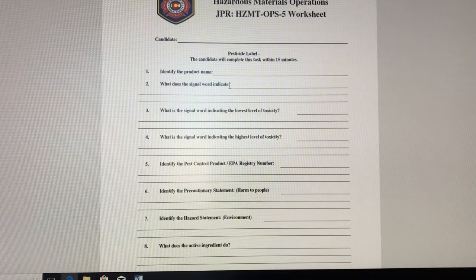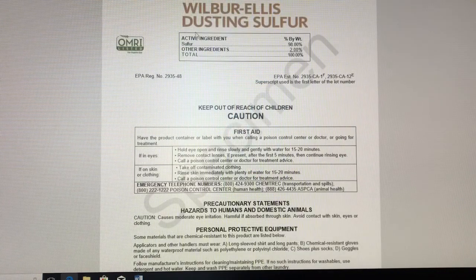What does the signal word indicate? You may remember from our operations classes that a signal word is used to indicate the level of hazard associated with a product. So in this case, we're worried mostly about toxicity. This isn't necessarily a big flammable hazard. This is something that's toxic to people.